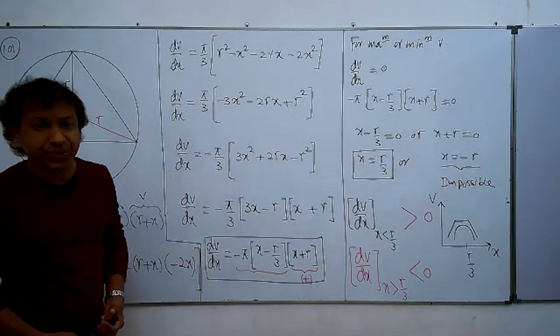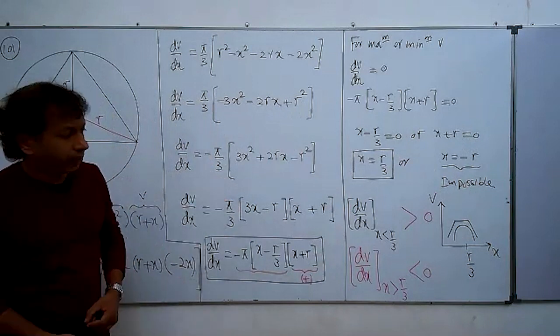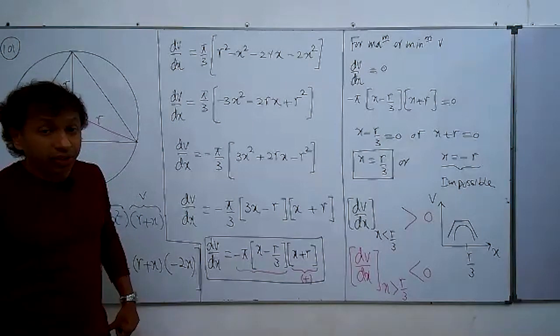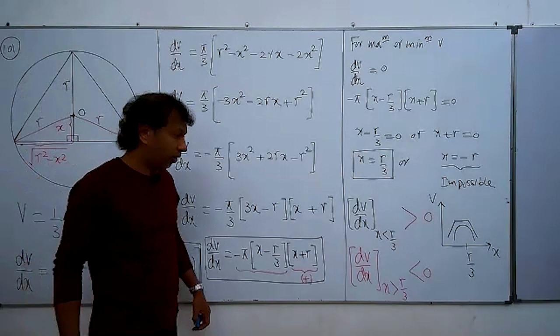This is how we use the first derivative test. Okay, therefore, you can write that at x equals r by 3, the volume V of the cone is maximum.